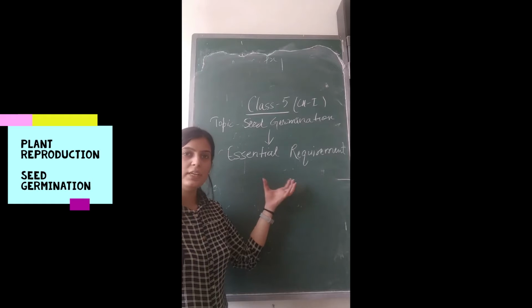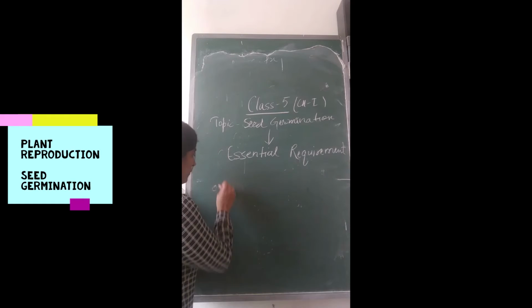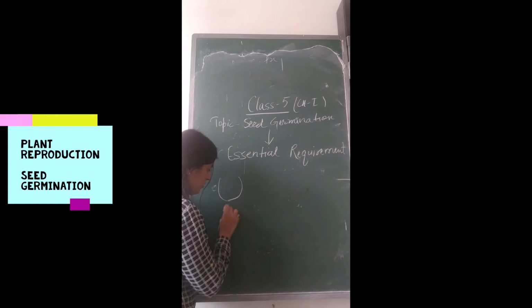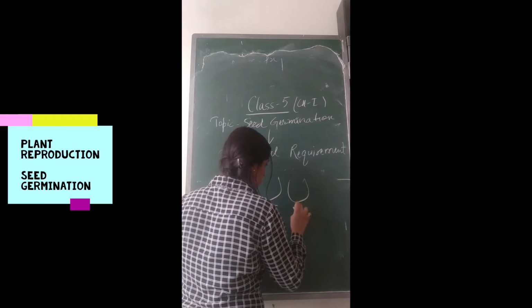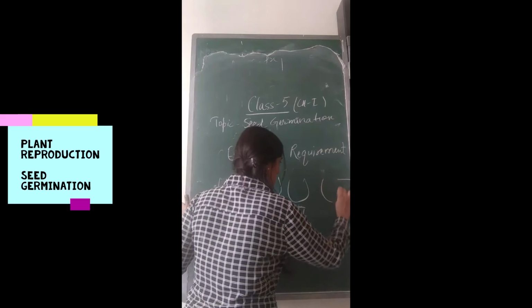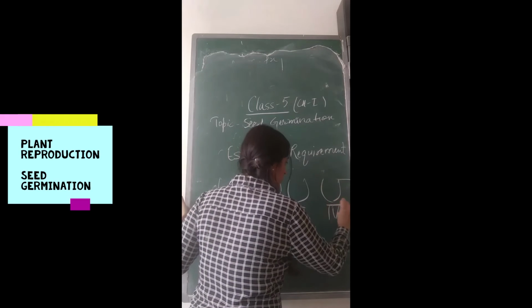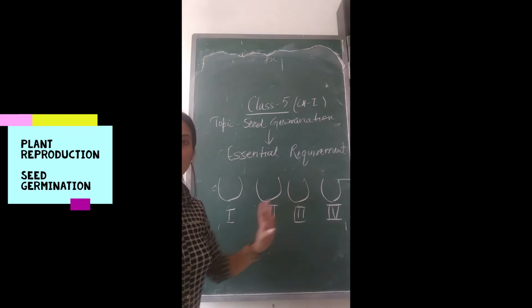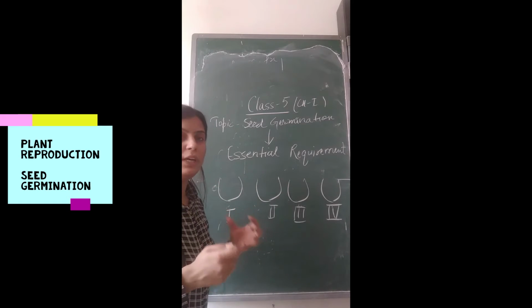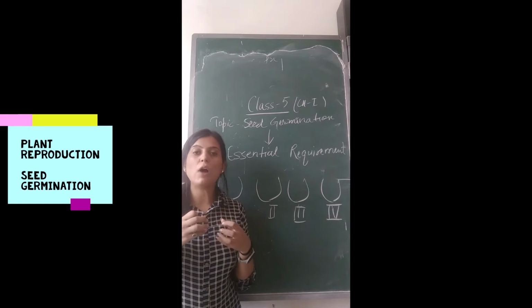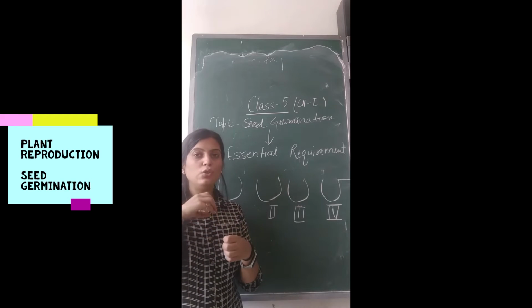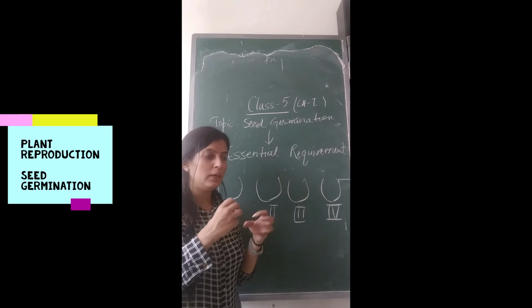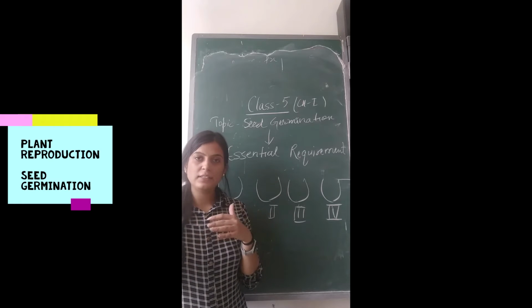Suppose there are 4 bowls. You have to put seeds into them and place them in proper air and sunlight.